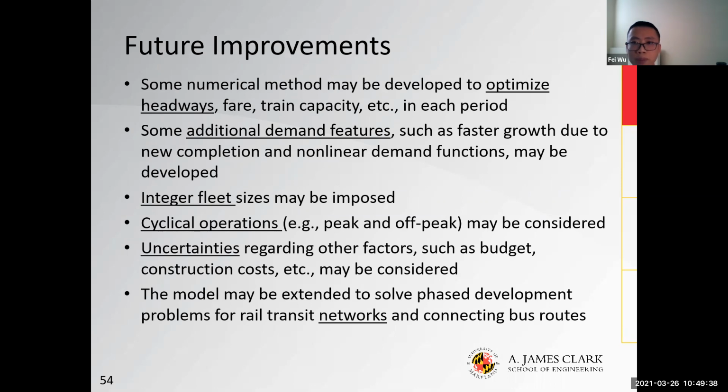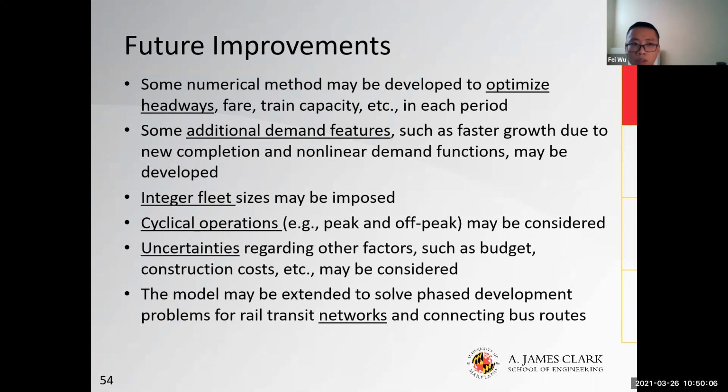Future improvements in our model include the following. First, we may consider how to optimize the fares, headways, and train capacities. Second, we may add some features for the demand, such as maybe faster growth due to new completion of stations.